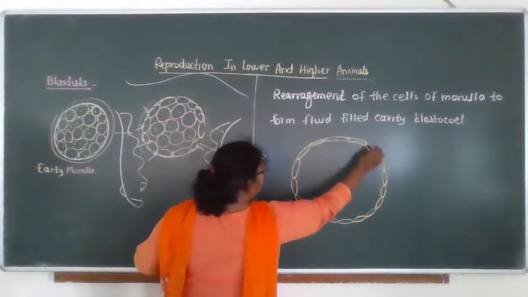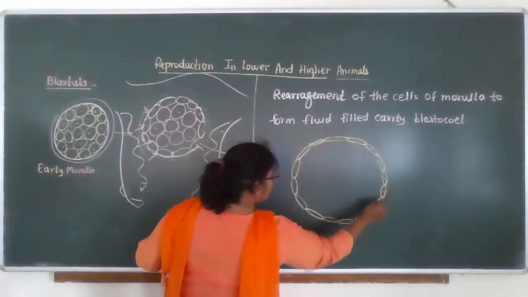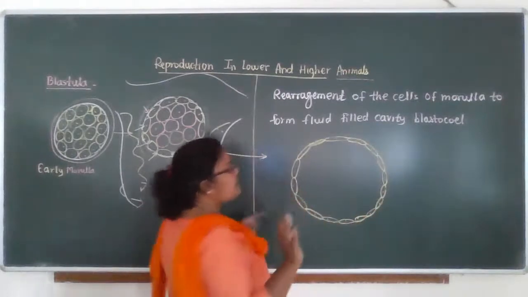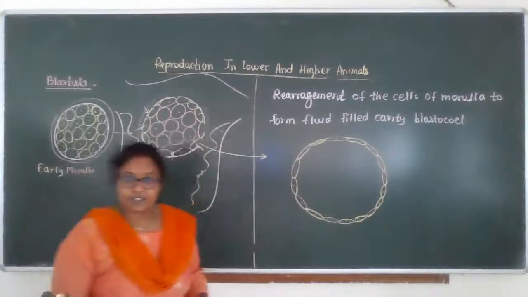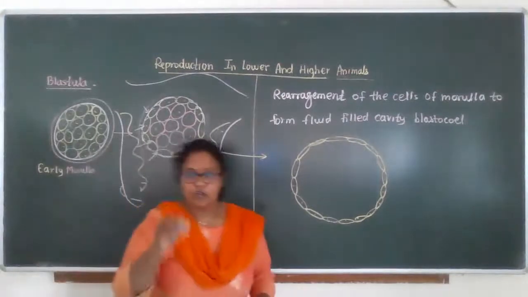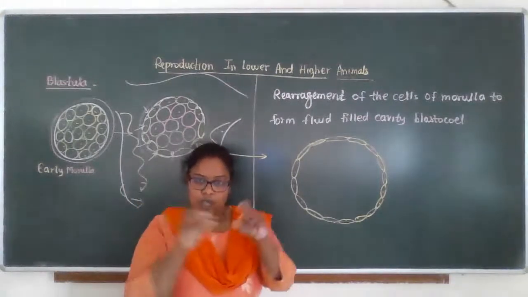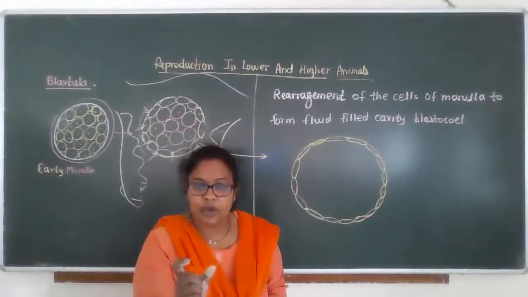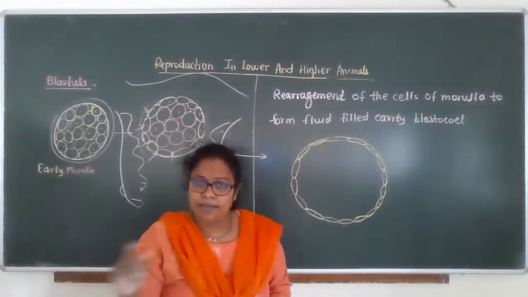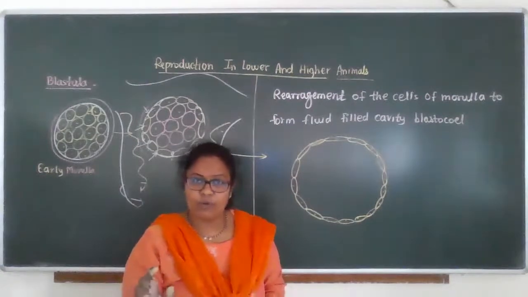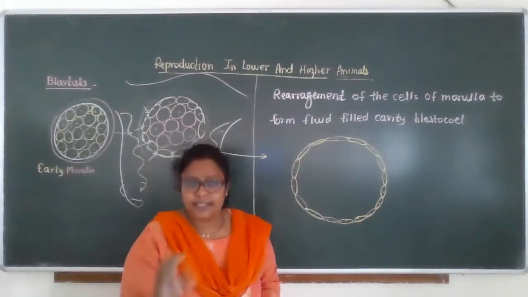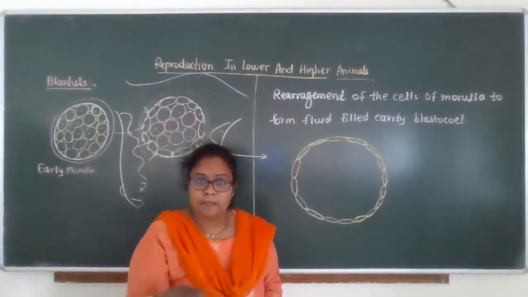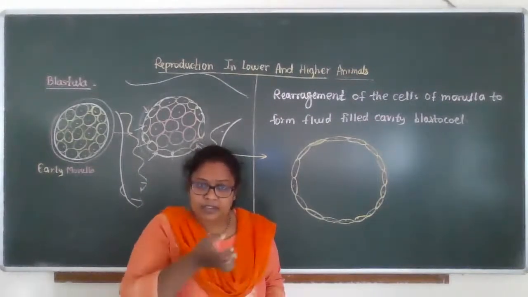And this outer layer is called the trophoblast. Now the size of the embryo changes. As you know, from the zygote up to the morula formation, the size of the embryo remains the same. Then, as soon as it enters the uterus, the uterine fluid enters inside it.